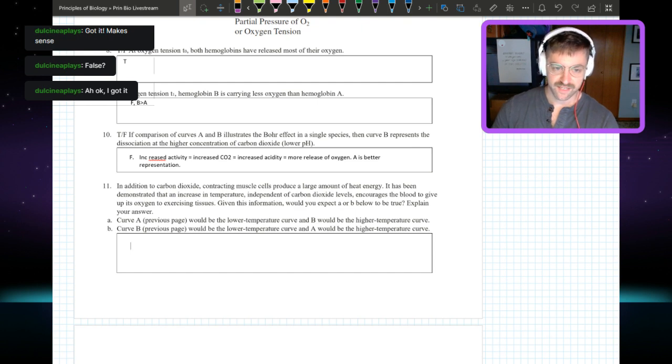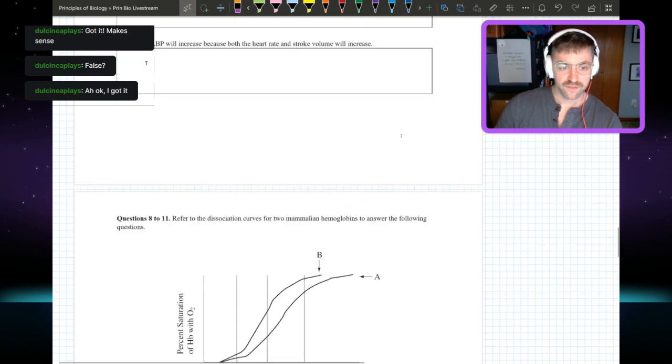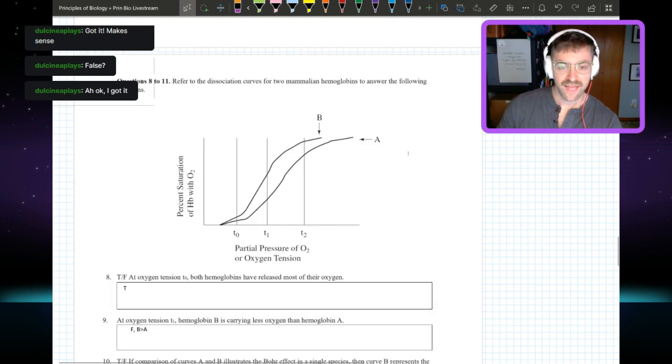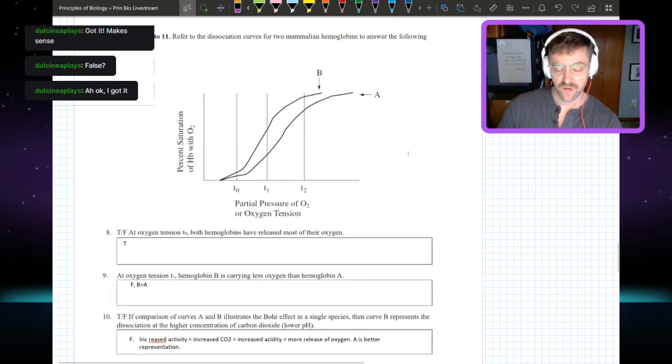In addition to carbon dioxide, contracting muscle cells produce a large amount of heat energy. It's been demonstrated that an increase in temperature, independent of carbon dioxide levels, encourages the blood to give up its oxygen to exercising tissues. Given this information, would you expect A or B below to be true? Explain your answer. Curve A from the previous page would be the lower temperature curve, and B would be the higher temperature curve.